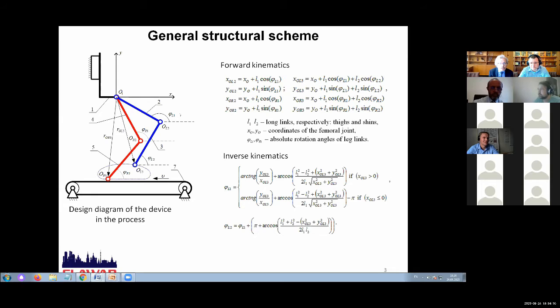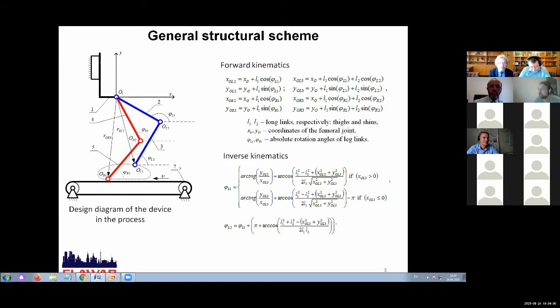The task of the control system of the hip and knee joints actuators is to realize this relative motion of links, at which points OL3 and OR3 move along the desired trajectory, implementing a working motion of the exoskeleton.